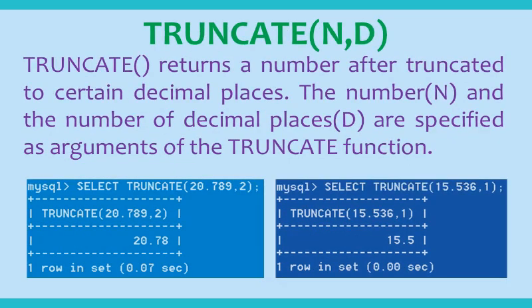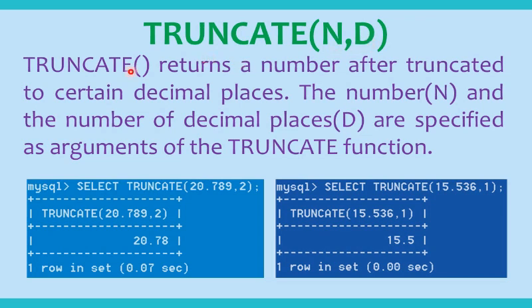Next function is the TRUNCATE function. It takes 2 parameters, n and d. N is the number which is truncated and d is the number of decimal places. Means this number n would be truncated up to d decimal places.